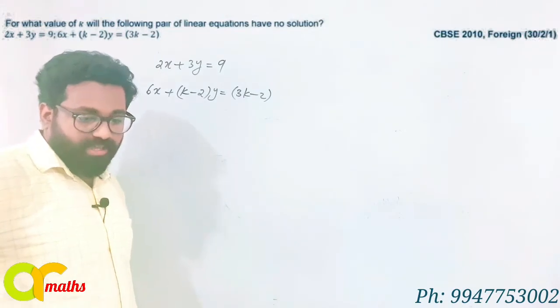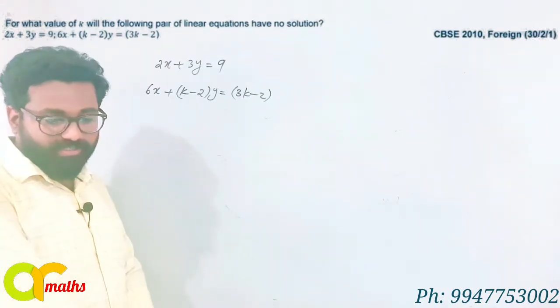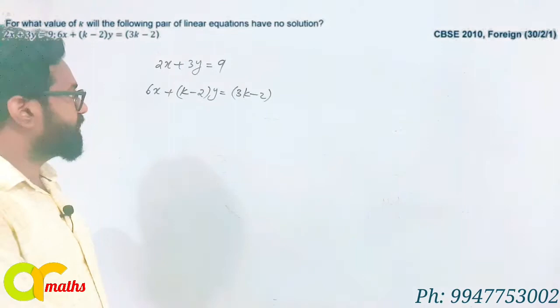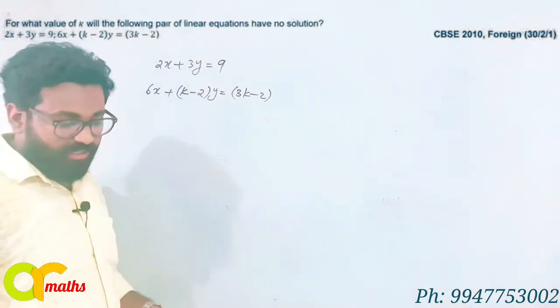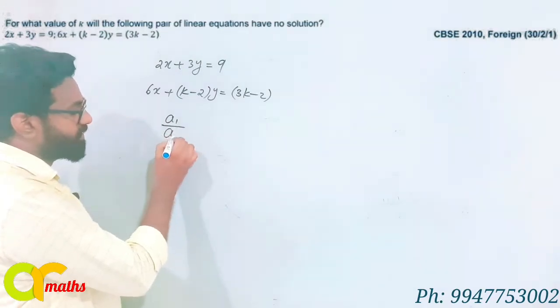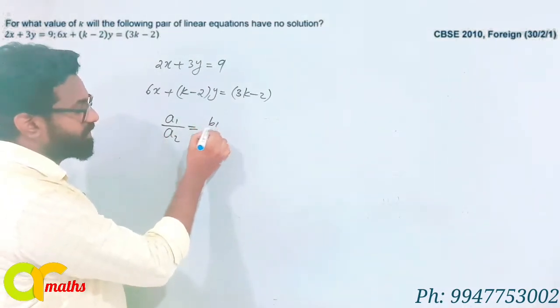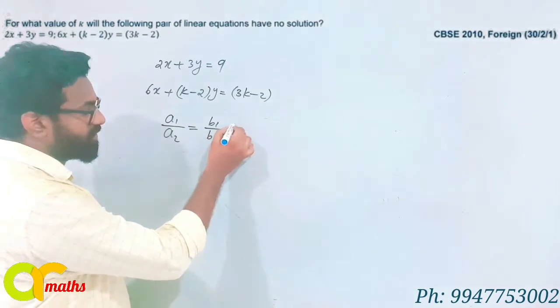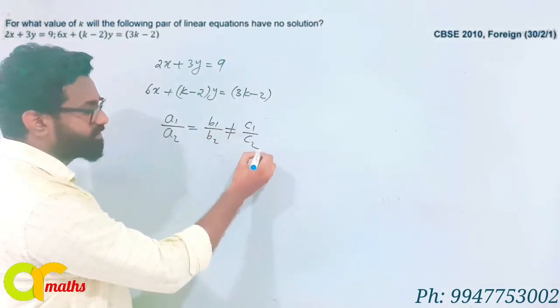For what value of k will the following pair of linear equations have no solution, given two equations? No solution means a1 divided by a2 equals b1 divided by b2 not equal to c1 divided by c2.